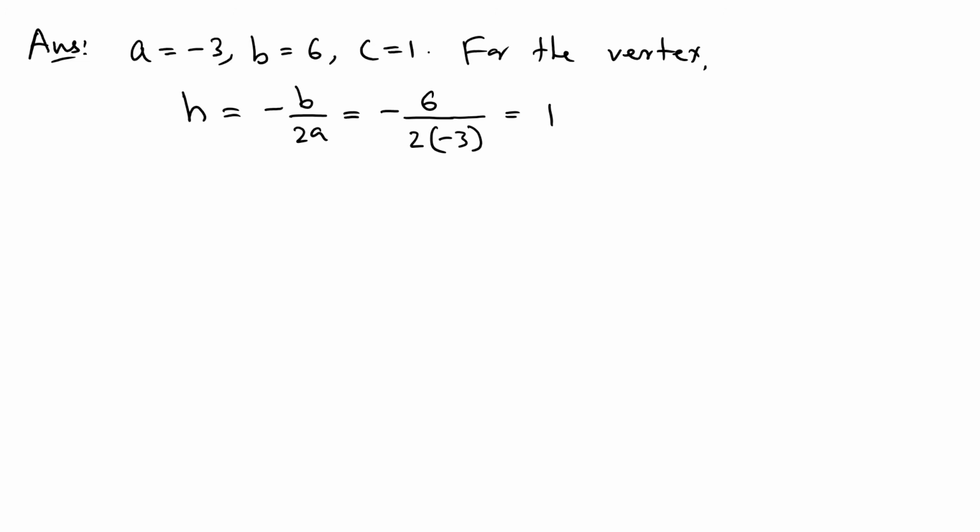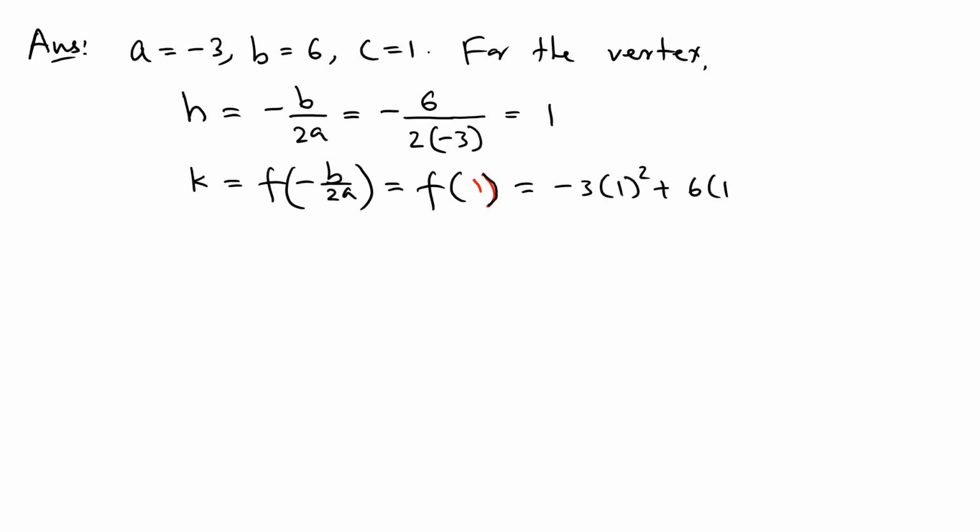Now since you know the h value, the easiest way to find k is, by theory, f of -b over 2a. Since you already have this value, it is simply f(1), because we calculated that h equals 1. So you plug in 1 here: -3 times 1 squared plus 6 times 1 plus 1. If you simplify, you get 4.